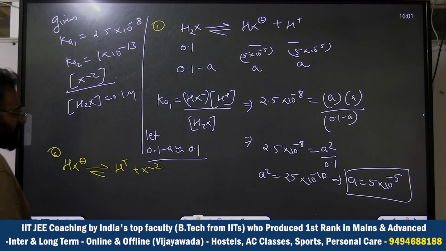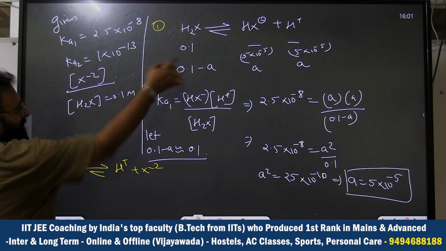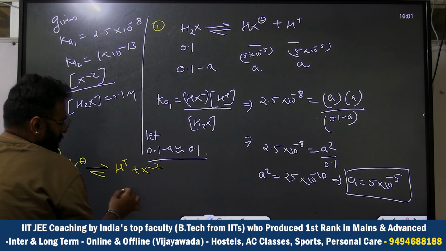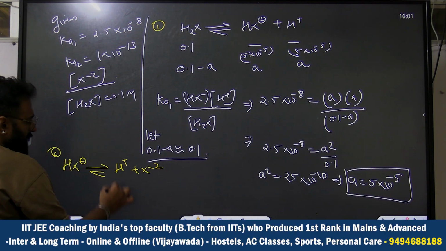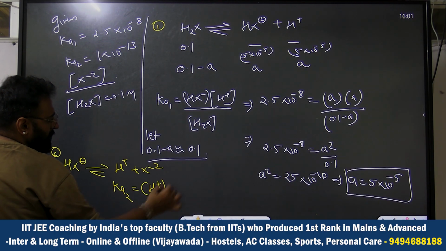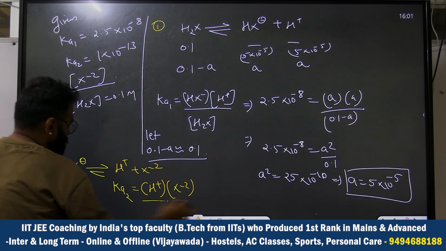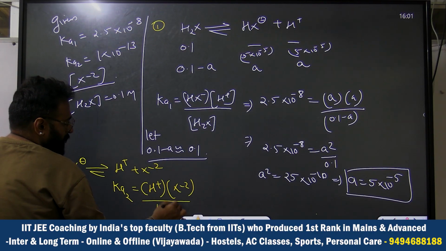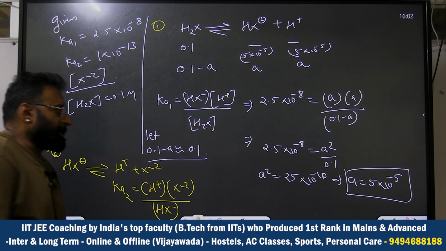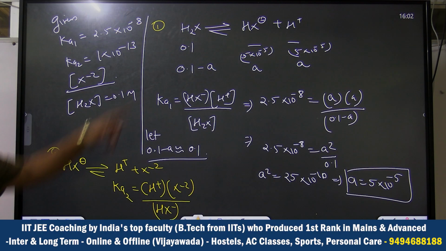So let this be our same A. Solve this. So Ka2 is equal to H plus into X2 minus upon HX minus. Correct? This will be our equation. Now keep the value.